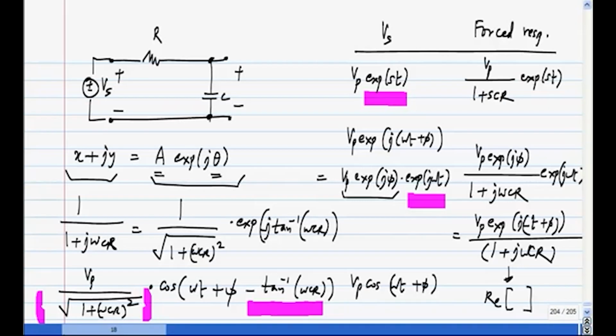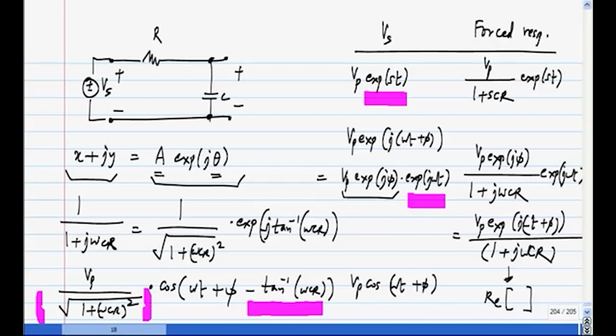Once you have capacitors or inductors in the picture, you can have frequency selective circuits, that is, circuits which behave differently at different frequencies. You can see from this expression itself that if omega is very large, the amplitude of the output will be very small, and if omega is very small, the amplitude is the same as the input.